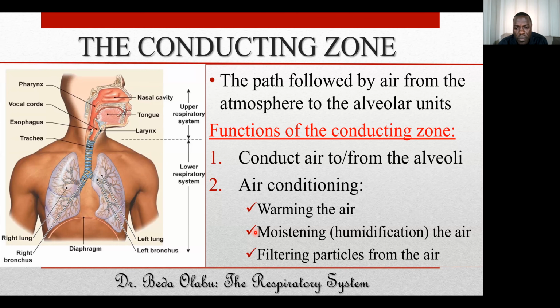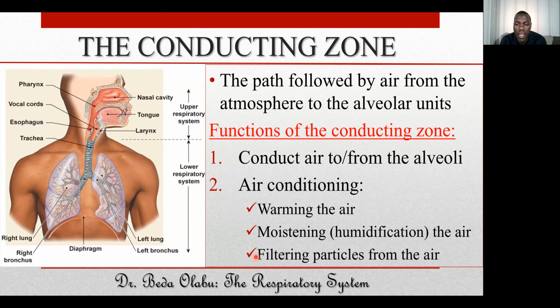Importantly also, the air that we breathe in must be filtered so that particles within the air are trapped in one way or another. Those particles should not reach the alveolar units. And these particles could even just be infections, by the way. So what are some of the anatomical predispositions that help the conducting zone to filter air? There are a number of things.